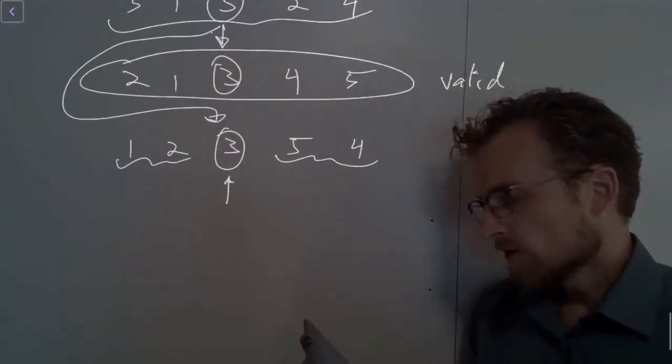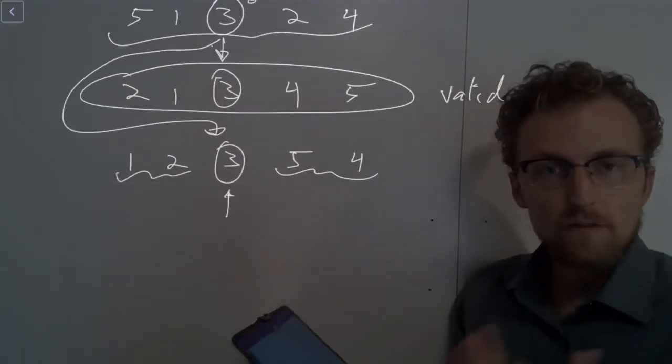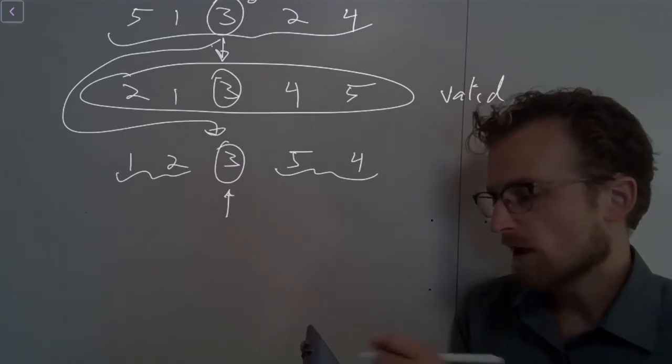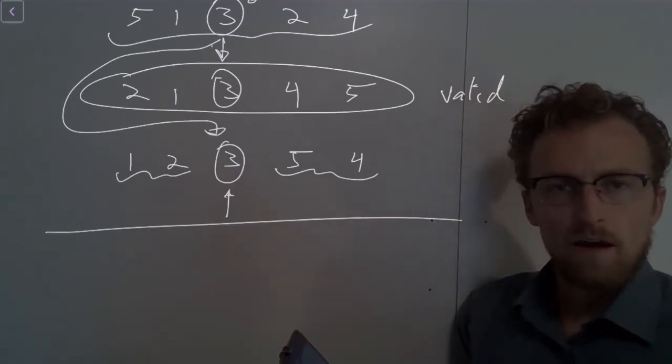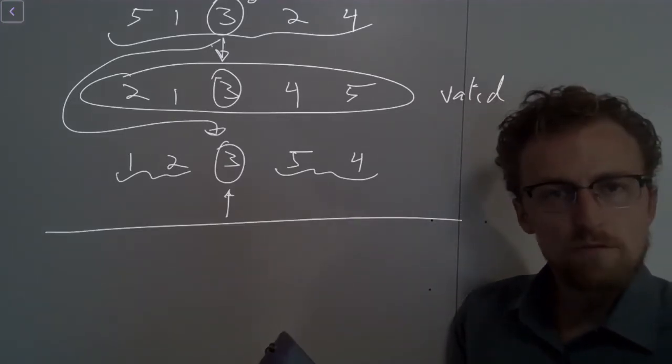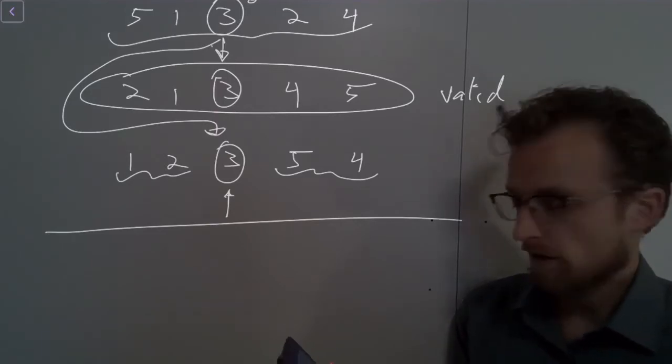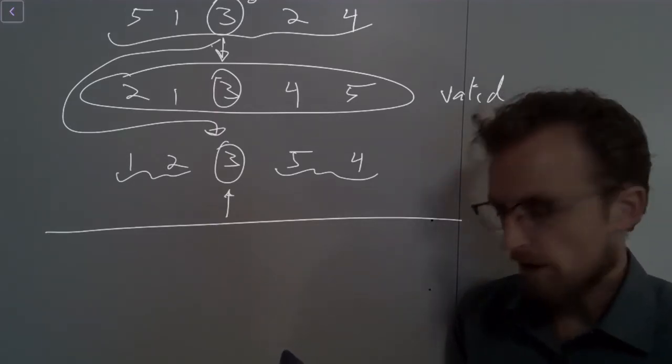There are a couple of different ways of doing the partition. I'm going to introduce a version that I think was invented by the inventor of quicksort, called the Hoare partition.